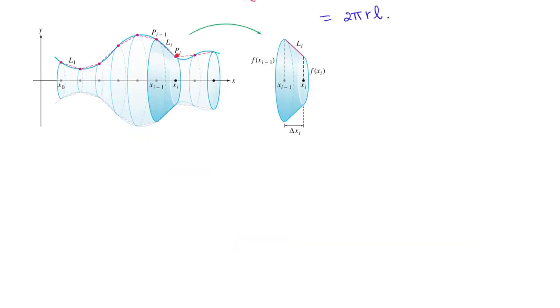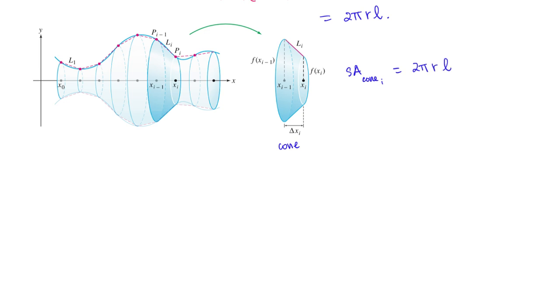Now suppose that we take the curve f of x and we rotate it about the x-axis. We form a solid, and we're interested in the surface area of this solid. To estimate the surface area, we divide this into many sections. Each section is a truncated cone, whose surface area is 2 pi R l. This is the area that we derived earlier.